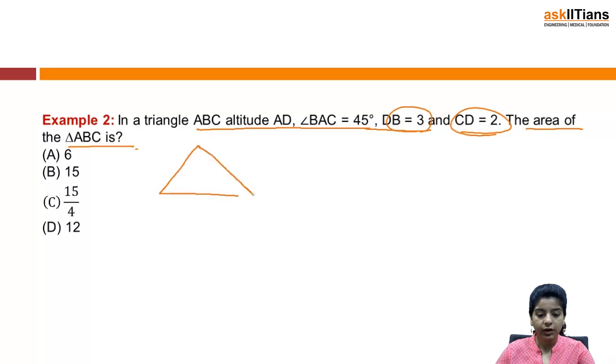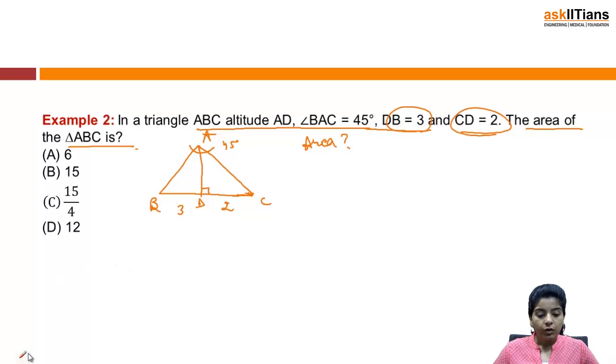I have a triangle ABC. This is A, this is B, this is C. This is my altitude AD, and BAC is given to be 45 degrees. DB is 3, CD is 2, and we are required to find the area, right?